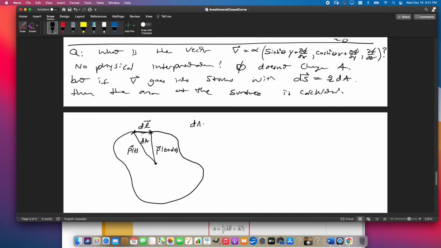So my dA will be equal to 1/2 the magnitude of rho(t) cross rho(t plus dt). Okay, and we go through and do all this.